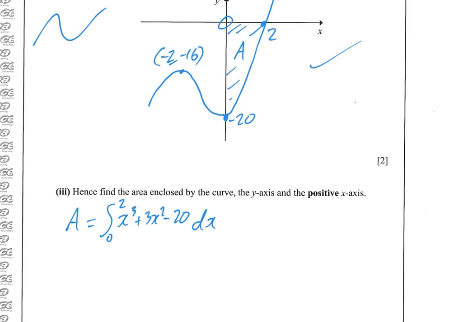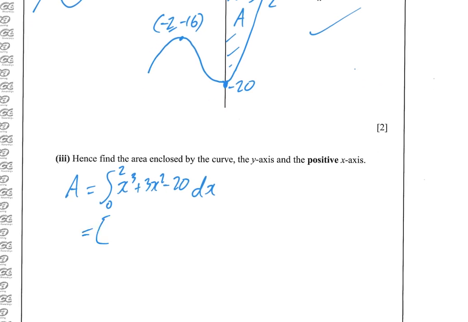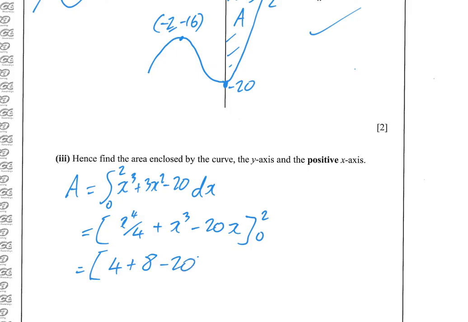And then if we integrate that, we get, in square brackets now we've integrated, x to the 4 over 4 plus 3x cubed over 3, which is just x cubed, minus 20x, and that's between 2 and 0. So firing 2 into that, first of all, 2 to the power 4 divided by 4 is 4. Then 2 cubed is going to be 8, and minus 20 times 2, which is minus 40.